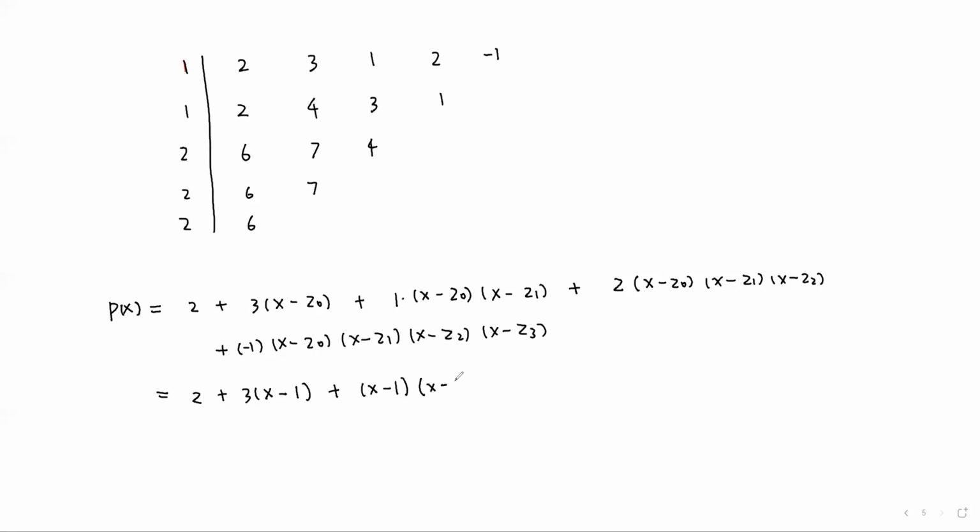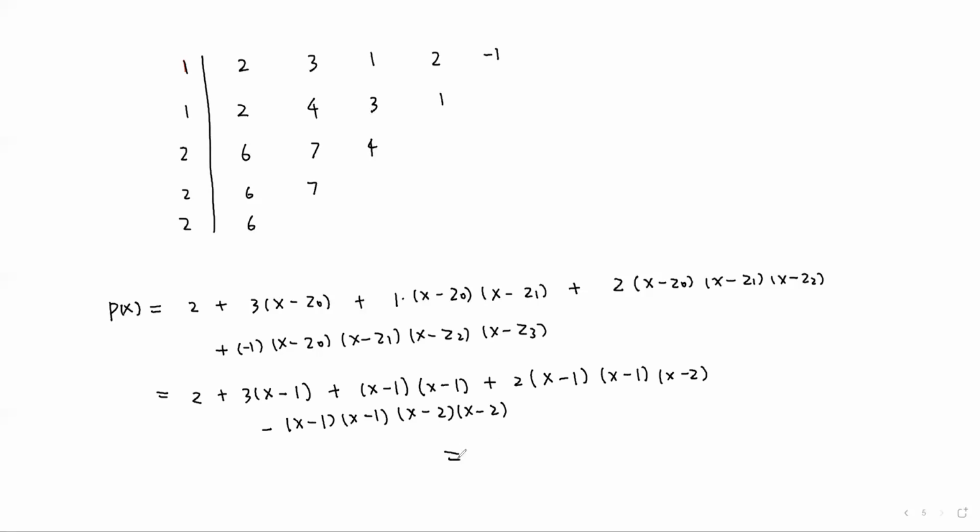C1, the value is 1. 2 times x minus 1, x minus 1. C2, the value is 2. So x minus 2. Then negative, so minus x minus 1, x minus 1, x minus 2 times x minus 2.